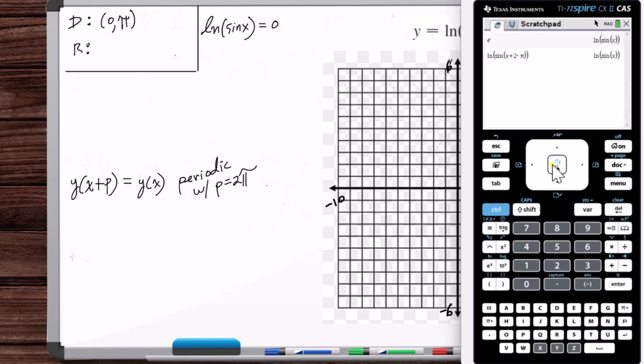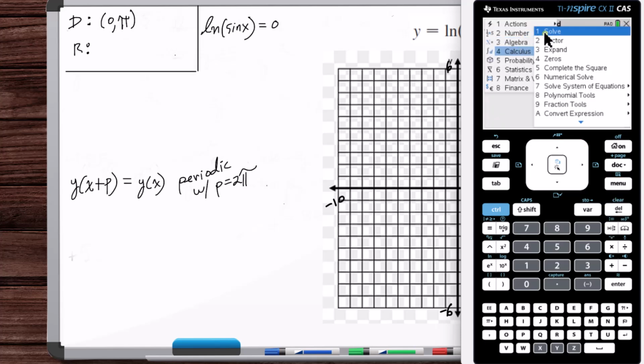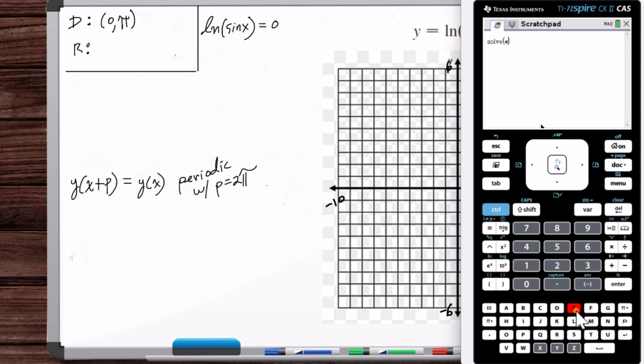Okay, so algebra. Take the equation equal to 0, solve for x. Okay, so 2 pi n plus pi over 2. So when n is equal to 0, we get pi over 2. So pi over 2 for sure.